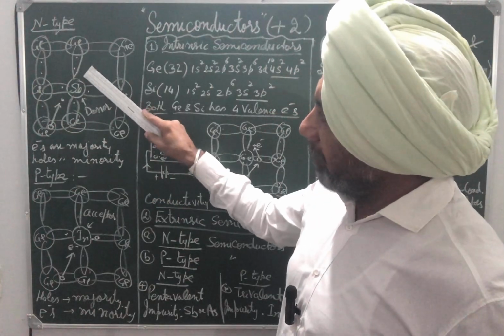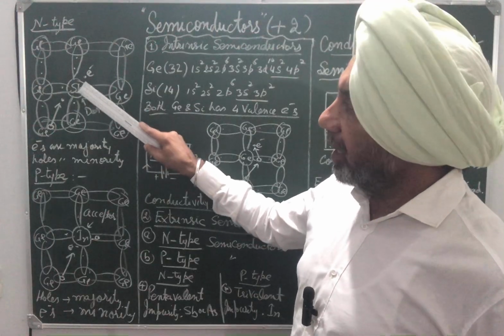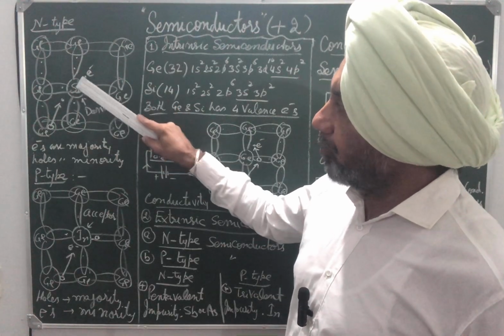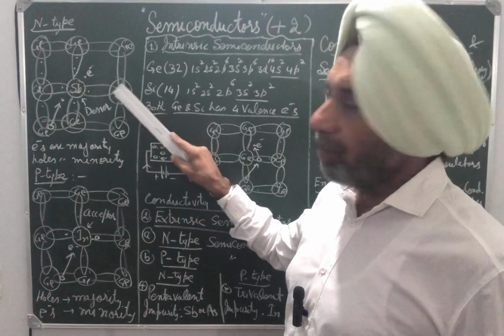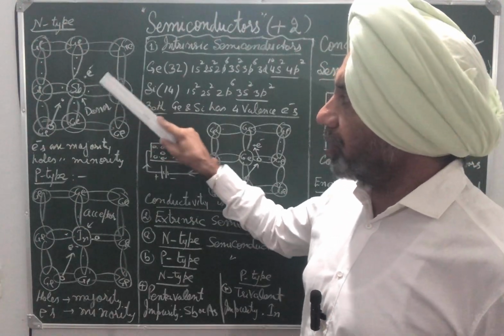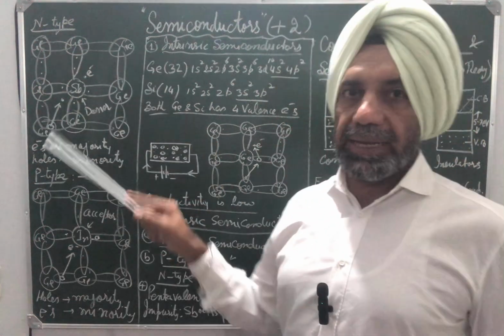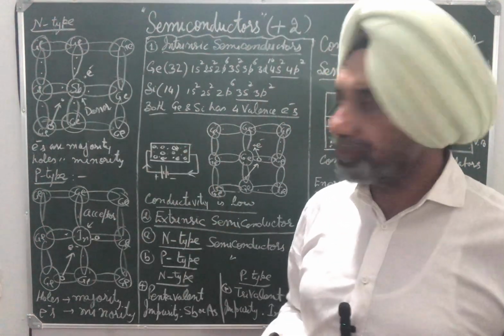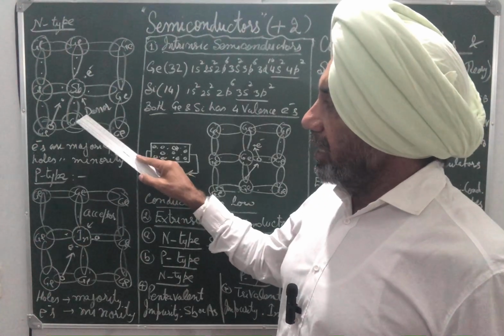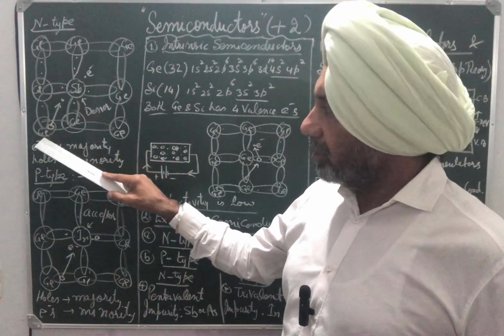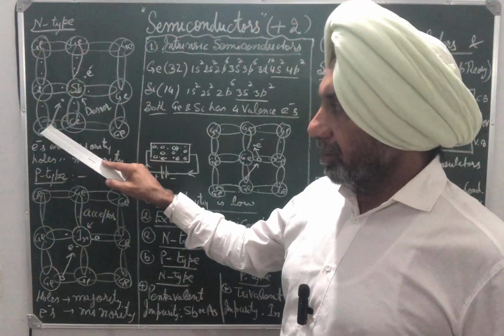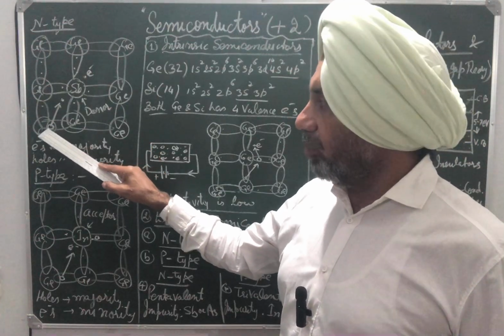Out of the 5 valence electrons of antimony, it forms 4 covalent bonds with the 4 adjoining germanium atoms, but the 5th electron is loosely bound and becomes free for conduction. It means the concentration of free electrons increases by adding pentavalent impurity, and there will be few holes also. One electron may get free due to thermal agitations and another hole is created at this point.